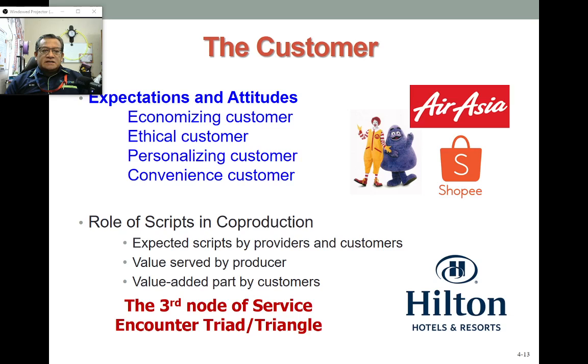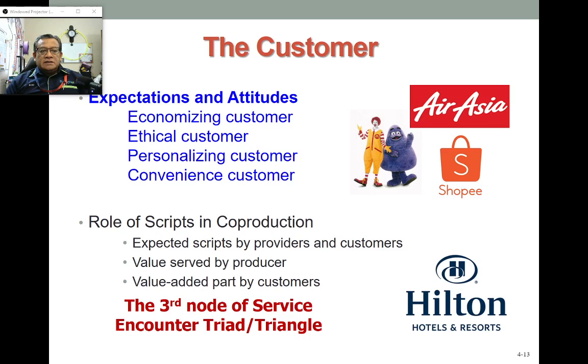In discussing expectation, we could say that customers are focusing on economizing the service. It means that the customer pays greater attention to the details of the service features so that they can get the highest value out of their effort, money, and time.